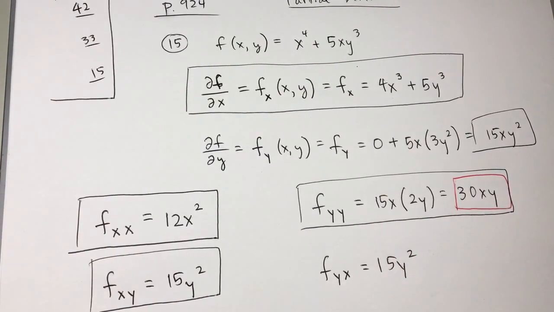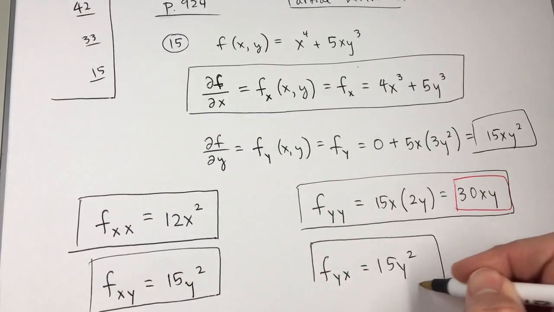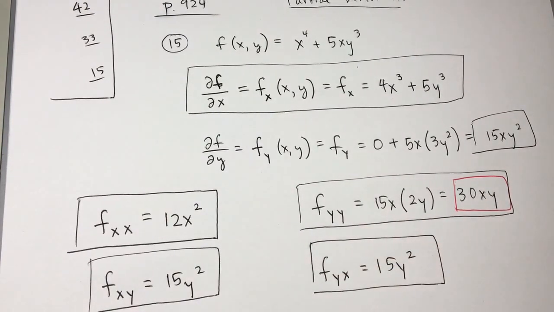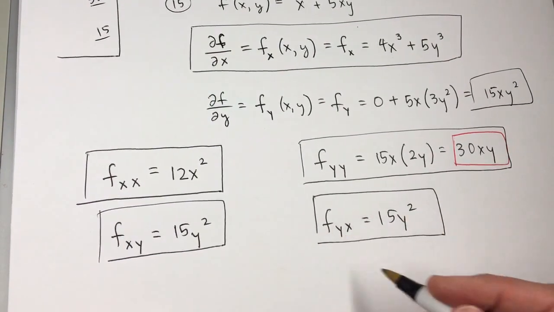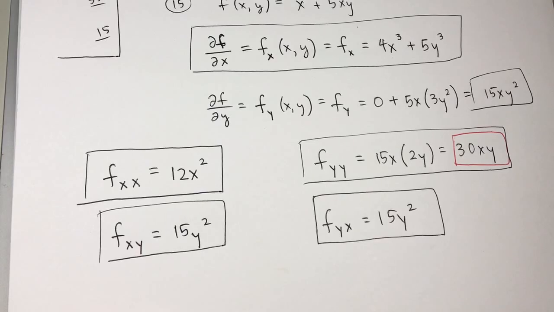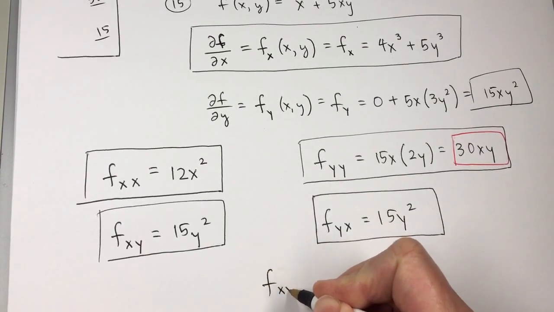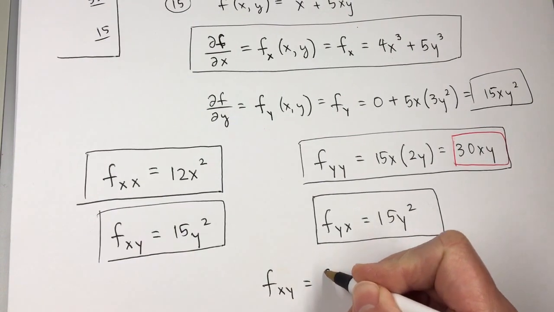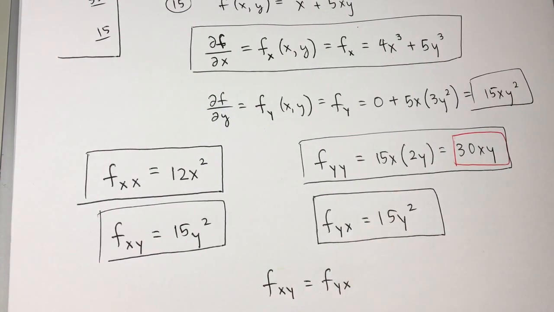So 15y squared. And then I put up yesterday, I did Clairaut's theorem. You can find that in the book, which does say there are some conditions, continuity conditions, but that the partial with respect to x and then y usually equals the partial with respect to y and then x.